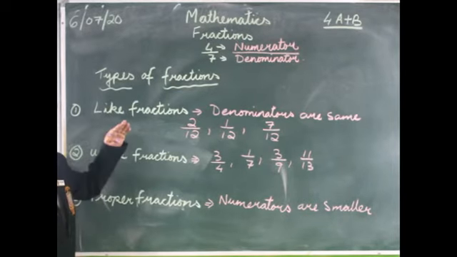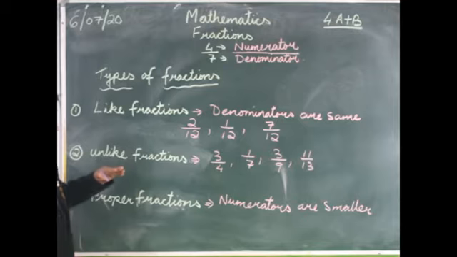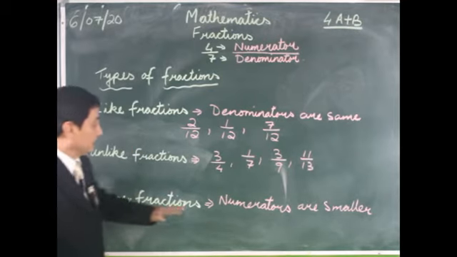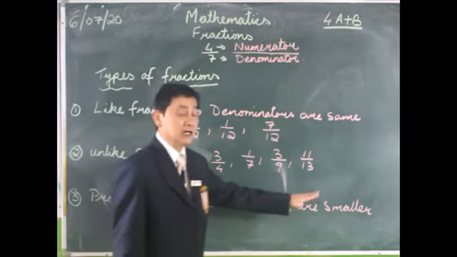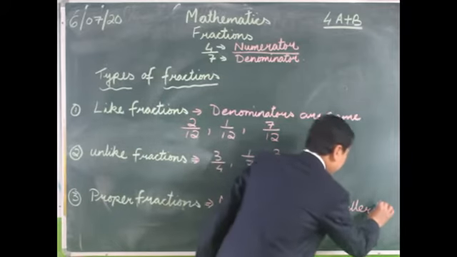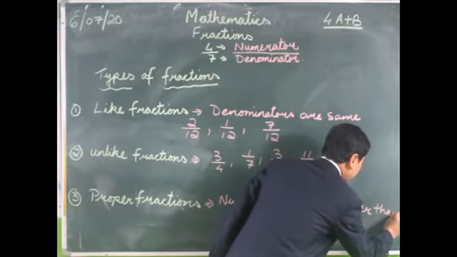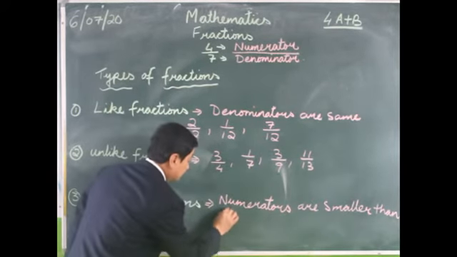The top part is known as the numerator, the bottom, denominators. So I'm just writing in short form here. Numerators are smaller than denominators.